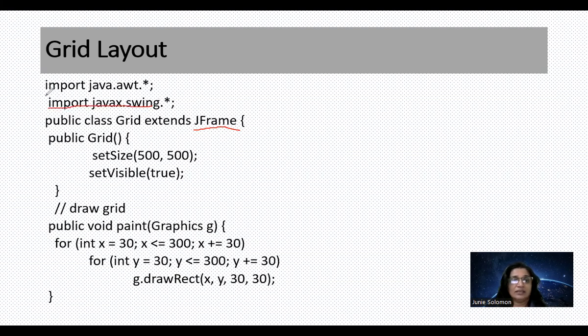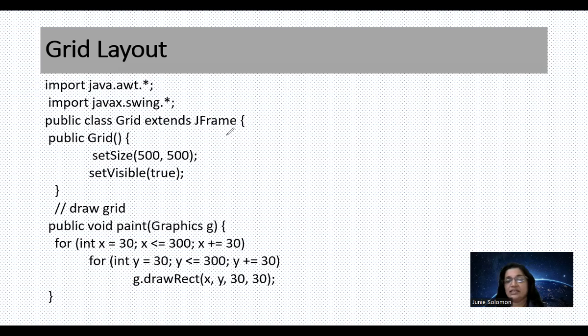Okay. Second, you have to use AWT. AWT means we are using a lot of things like paint, graphics, and drawRect. These things lie in AWT, so you need to bring them in. That is the second point. Since you are doing it in JFrame, this will run as an application, so you have to write public static void main.